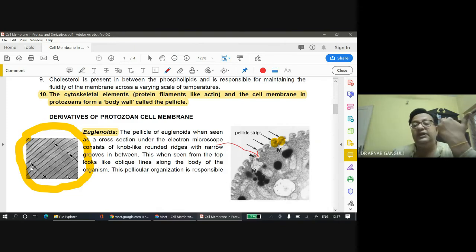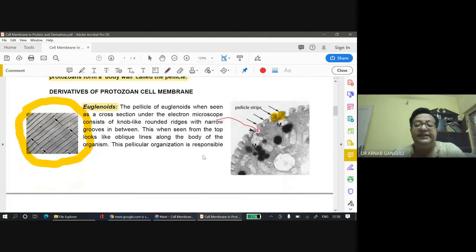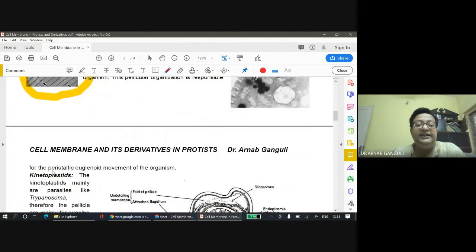So this is how the pellicle, or the cell membrane along with the other associated structures, looks in euglena. The movement of these things results in a peristaltic euglenoid movement, a type of circular movement like this. That is responsible for movement.